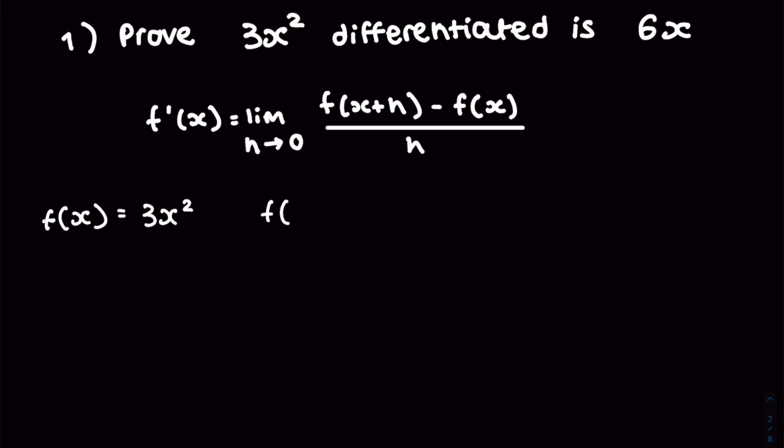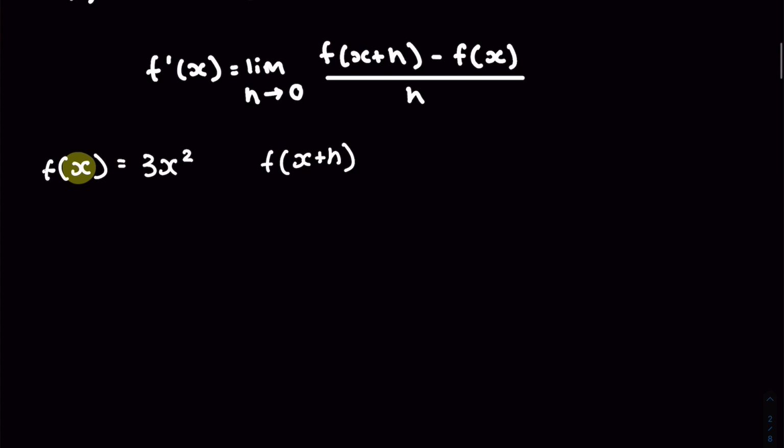And this is where some students struggle a little bit: to find what our f of x plus h is. I'm going to explain why f of x is given to us as 3x squared. So what we're essentially doing is we have some kind of function. And all the function means is that it's like a box, right?